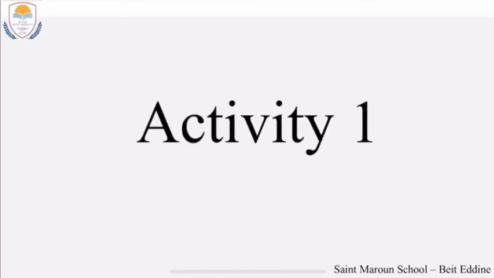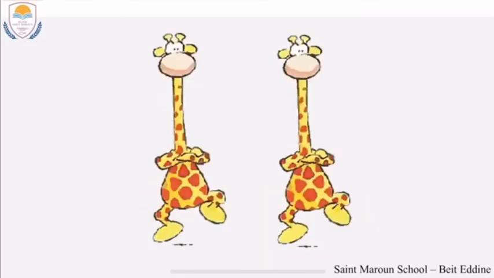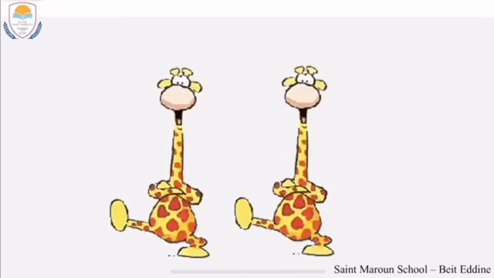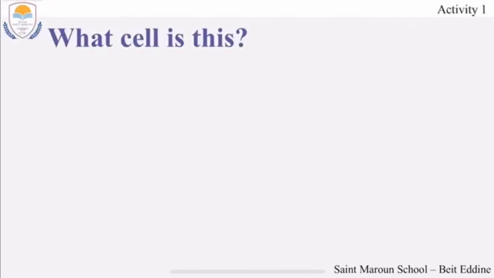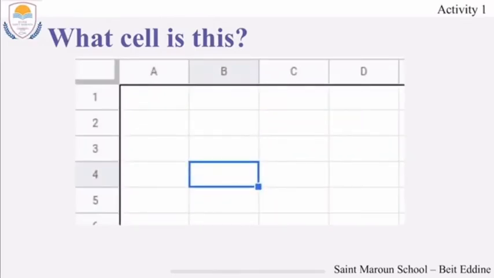Now let's start doing activities to be sure we understand the lesson. What cell is this? It is in what? Column B, row 4. So it is B4.